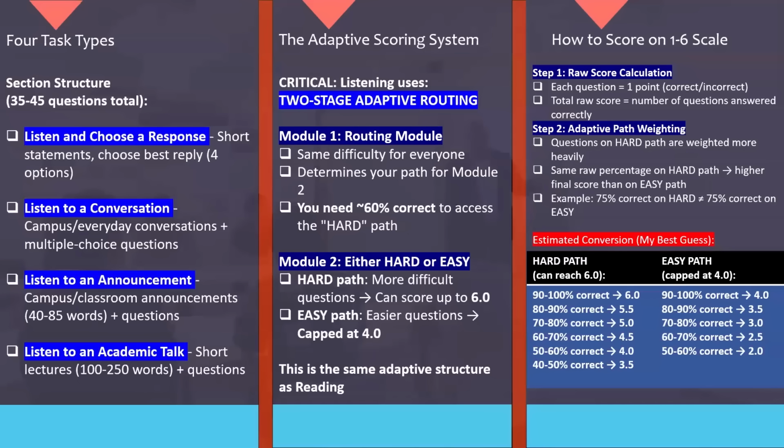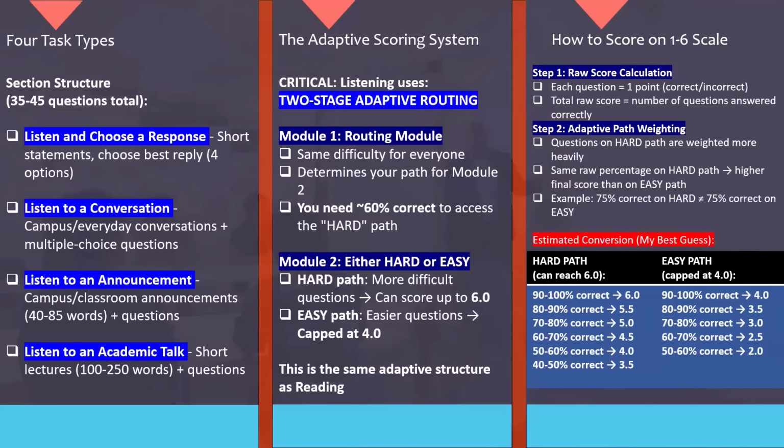Okay, so if somebody's going on the hard path, if you're scoring between 80 and 90%, then you're going to be at a 5 or 5.5. Okay, if you're scoring at 60 to 70% correct, you're around a 4.5 on the hard path.